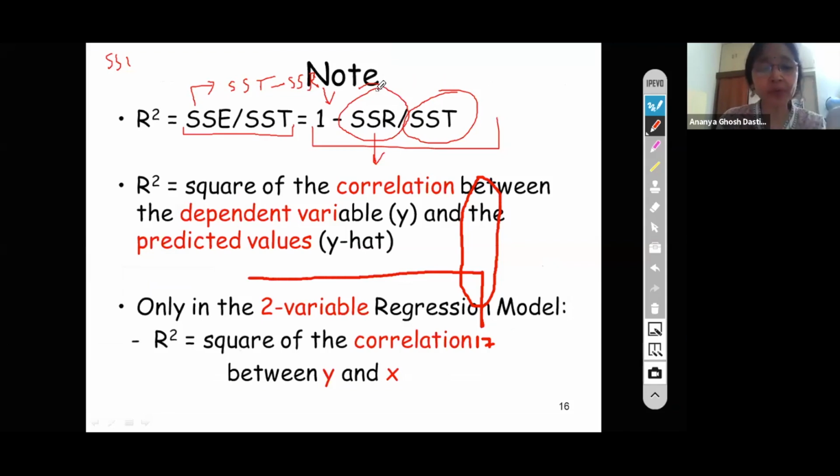Shilpi, I hope that answered. Can the significance of R squared be known from the F statistic? The F statistic and the R squared, Preeti, are related. I see where your question is coming from.